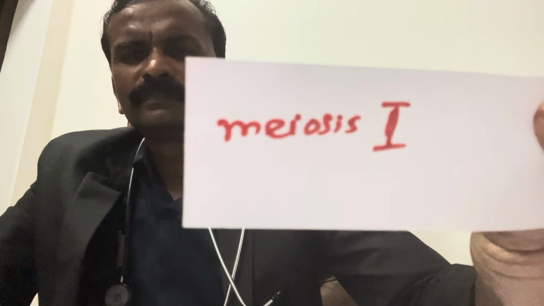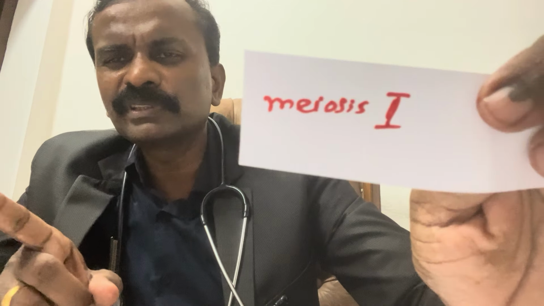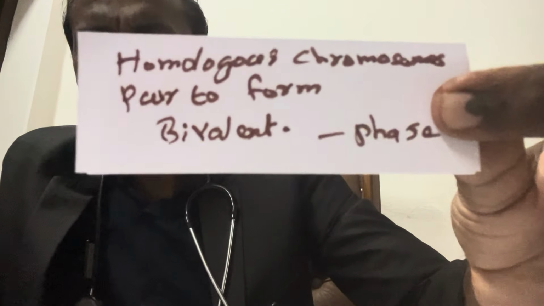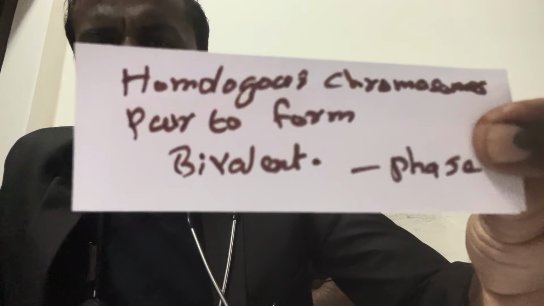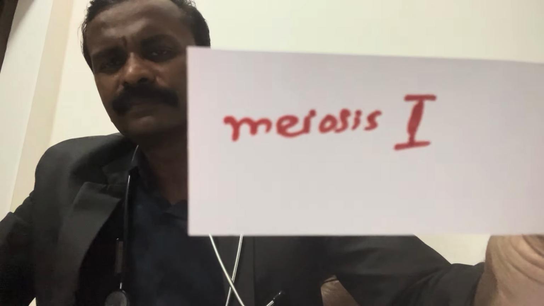Meiosis 1. Okay, meiosis 1. Remember the question. Homologous chromosomes pair to form bivalent in which phase? Meiosis 1. This is the power of recall.